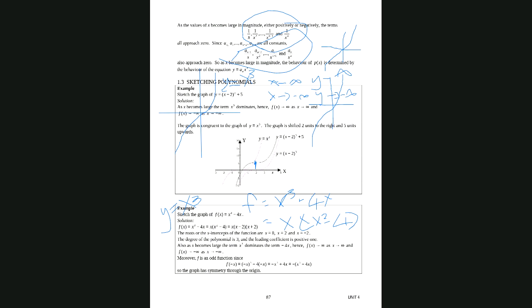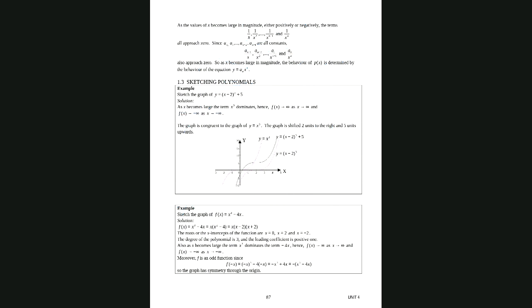But at least we can easily find the zeros. If we bring x out, we get x squared minus 4. 4 can be written as 2 squared.